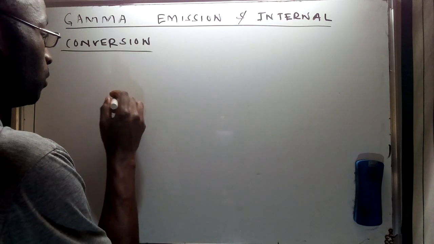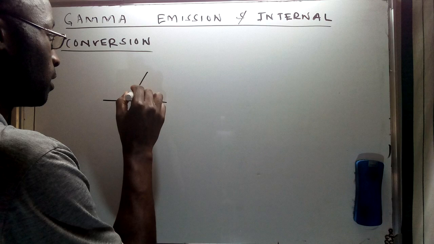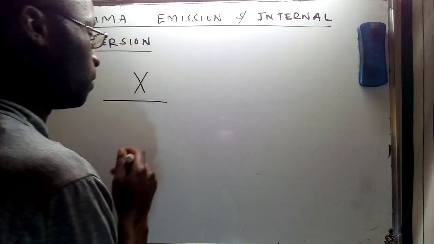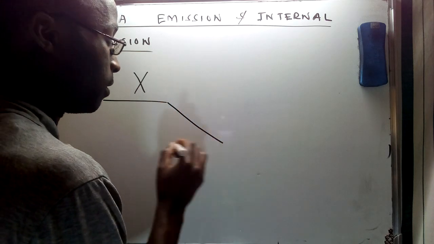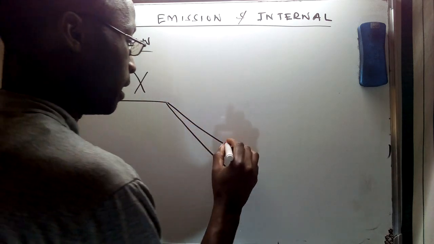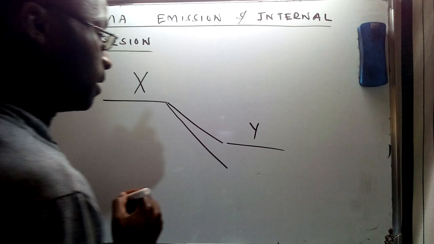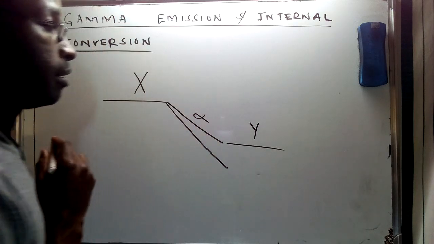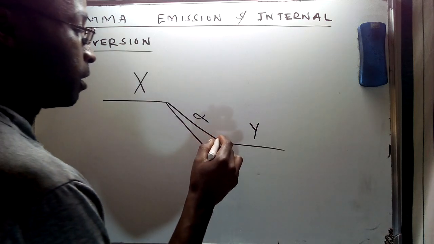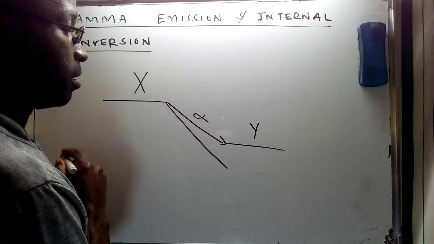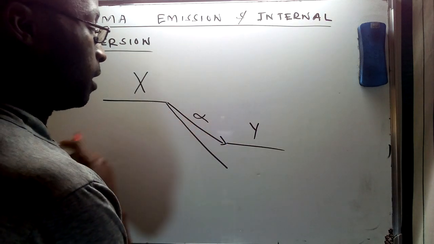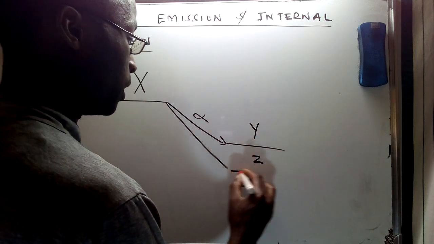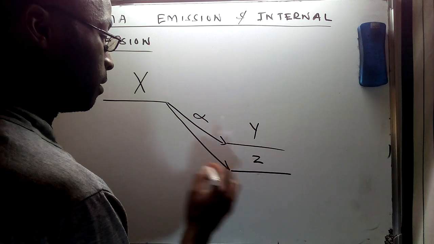So for instance, if we compare this to a radioactive decay process of transitioning from the radioisotope X to a nuclide Y, with the involvement of an alpha particle, this is a hypothetical example I'm just giving for illustration purposes. It is transitioning to a specific state of a daughter nuclide, which is Y and Z, and we're going to have this illustrated as such.